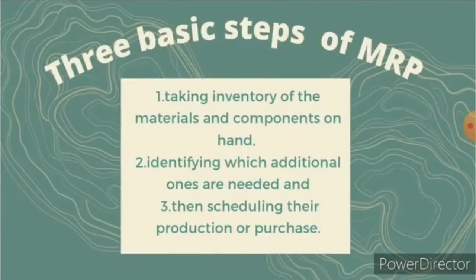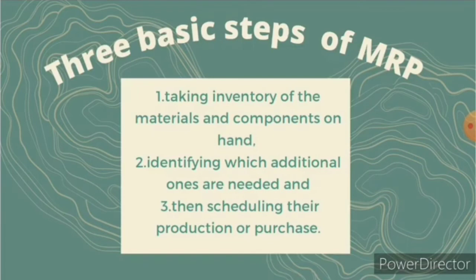So here we have three basic steps of MRP. The first one is taking inventory of the materials and components on hand. The managers would do the inventory so they know how many materials are left for use in production.